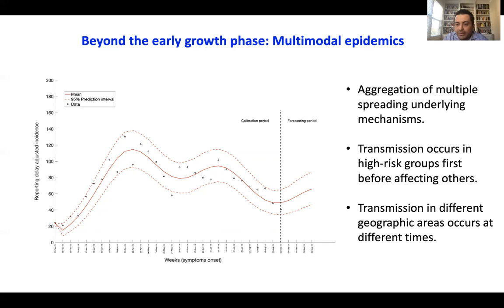So for instance, we can see that the early outbreaks occur among people that travel abroad and bring the pathogen to their communities, and later on spreads to the general population.